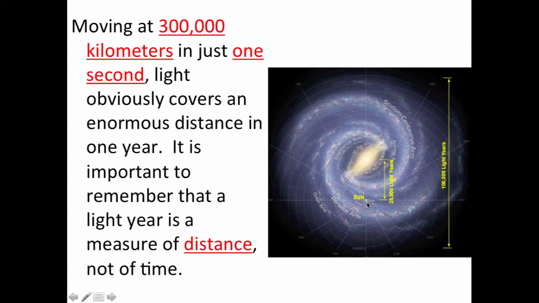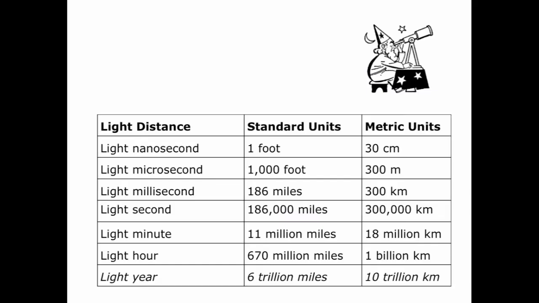And if you were to measure from our sun to the center of the Milky Way galaxy, that is 28,000 light years, meaning that it takes light, the fastest thing in the universe, 28,000 years to travel that distance. The entire Milky Way galaxy from edge to edge is around 100,000 light years. So we're starting to realize just how big space really is.